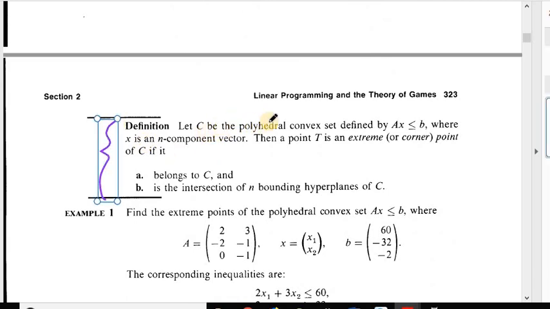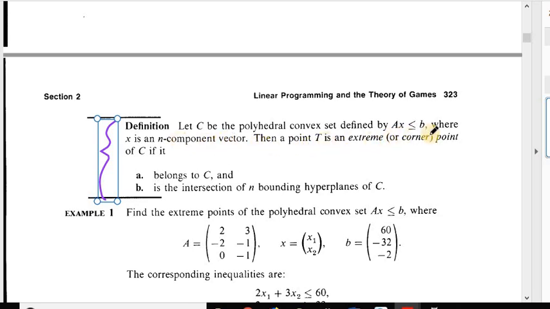Let C be a polyhedral convex set defined by AX less than or equal to B. And you know, fancy words, but just be thinking in 2 dimensions. This is just a region bounded by lines. In 3 dimensions it's going to be a region bounded by planes, and so on. Alright, so C is a polyhedral convex set defined by AX less than or equal to B, where X is an n component vector. So that's the number of dimensions we're working in.